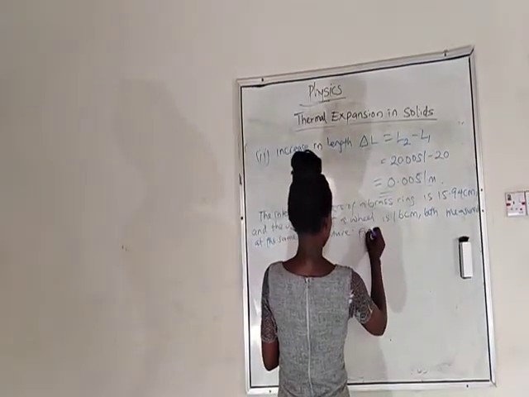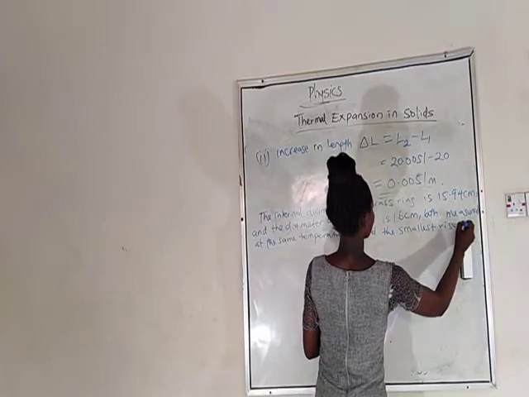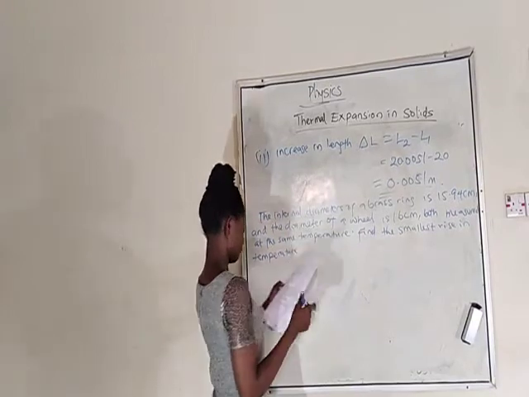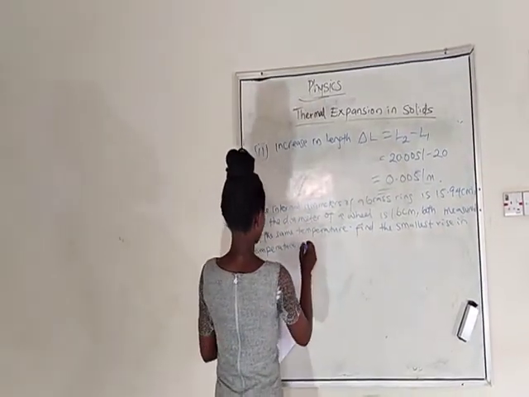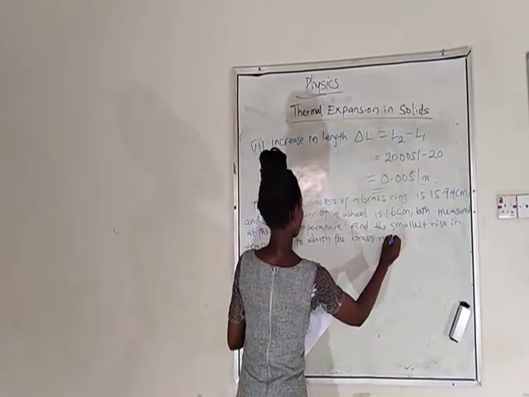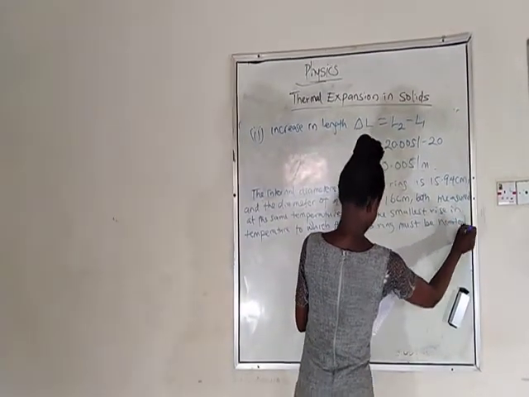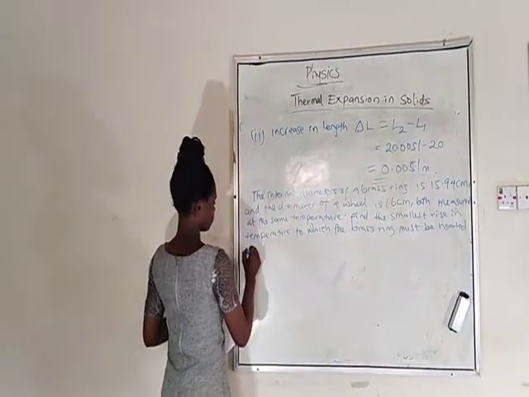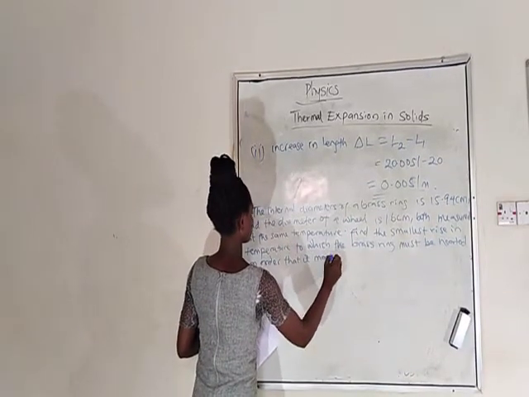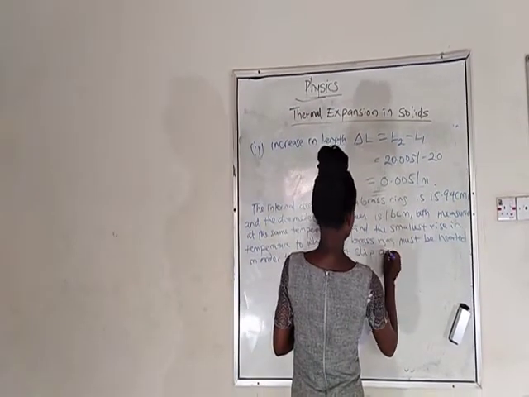Find the smallest rise in temperature to which the brass ring must be heated in order that it may just slip on the wheel.